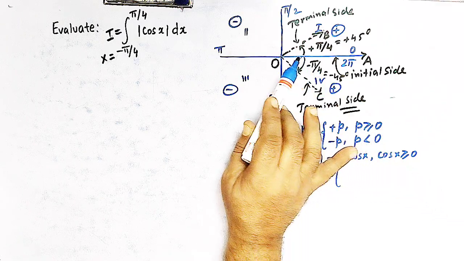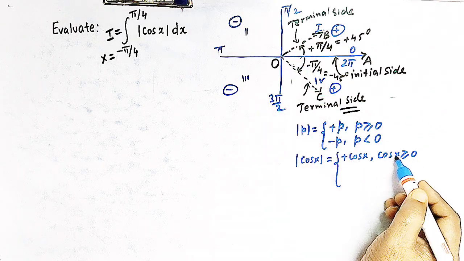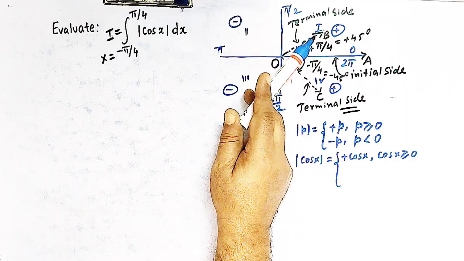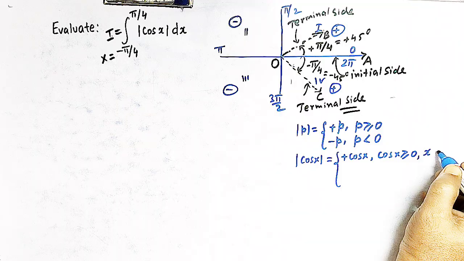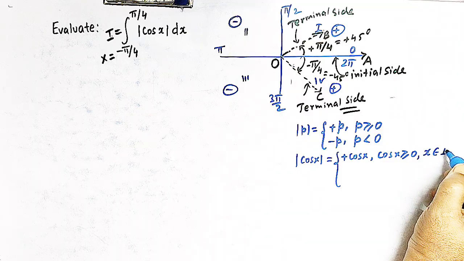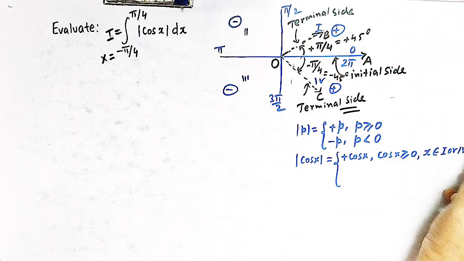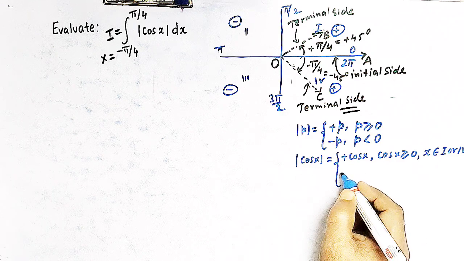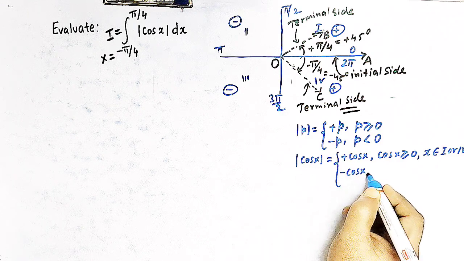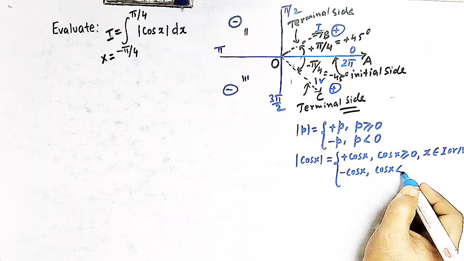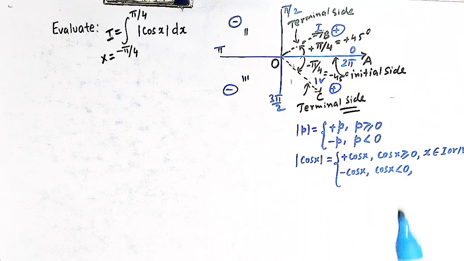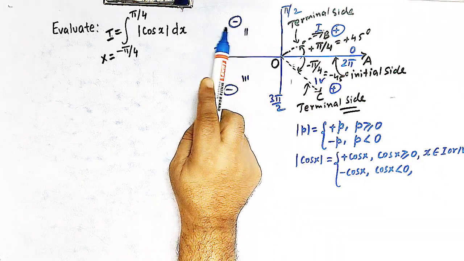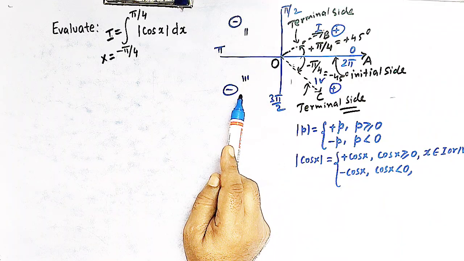And we have just discussed that cosine x is positive in the first and fourth quadrant, right? That is when x belongs to either the first quadrant or the fourth quadrant, and mod of cosine x is equal to negative cosine x when cosine x is less than 0, and cosine x is less than 0, that is cosine x is negative when x belongs to the second or the third quadrant.